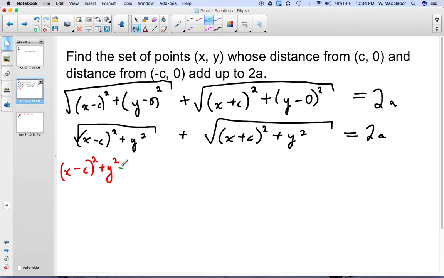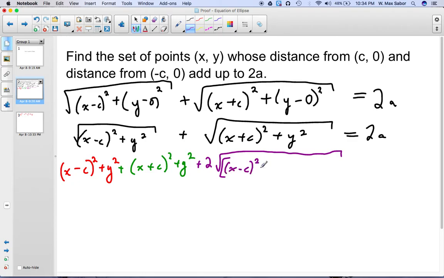Here's the second thing squared. And then 2 times the first square root times the second square root. So the square root of (x minus c) squared plus y squared, times the square root of (x plus c) squared plus y squared, equals 2a. Whoops! I squared both sides, so I need to square the other side. That is going to become 4a squared.